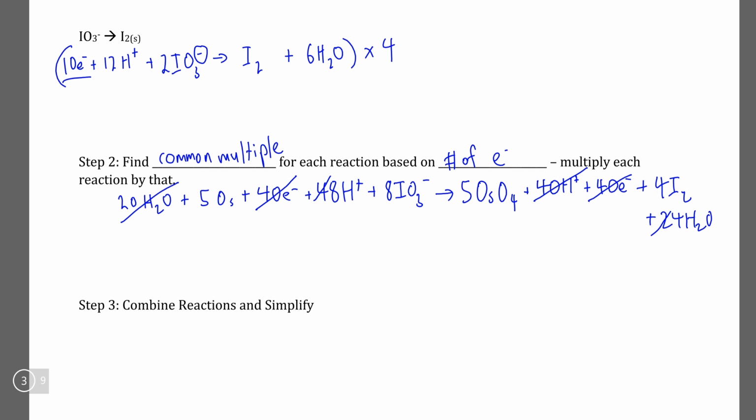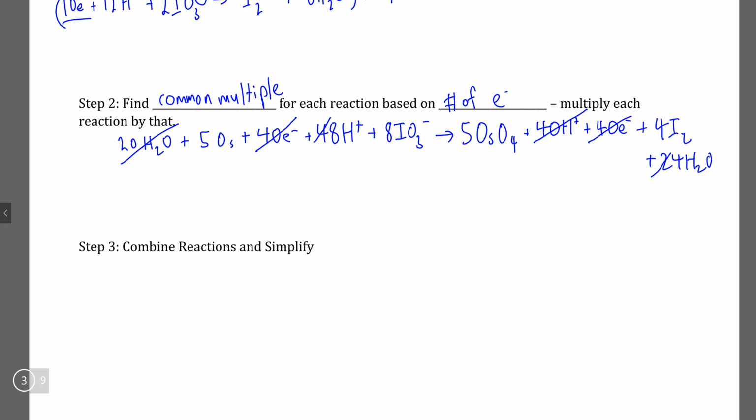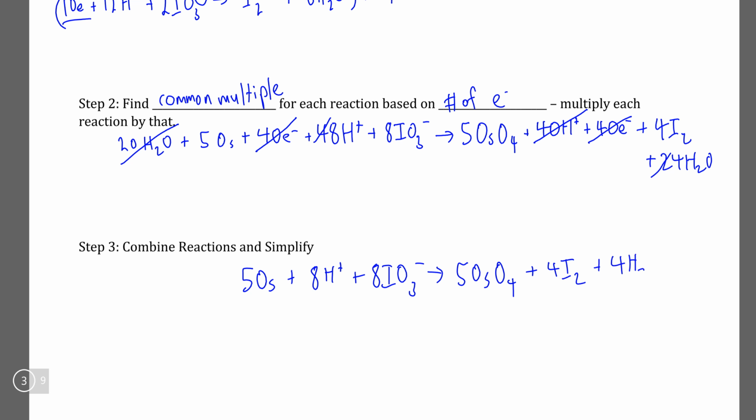So if we rewrite this in simplified form, we would have 5 osmium, because that doesn't get canceled out, plus 8 H+, plus 8 of the iodate polyatomic ion, which would then go to 5 OsO4 plus 4 diatomic iodine plus 4 water.